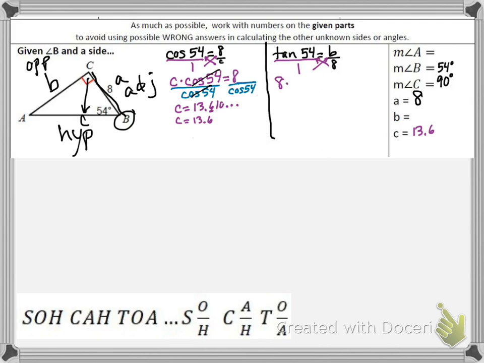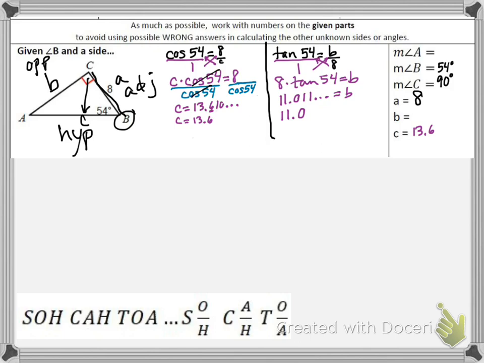This is 8 times tangent 54 equals B. This time, B's by itself. I don't have to do any division. I'm going to go straight ahead and put that into my calculator, and it tells me 11.011 equals my B. Rounded to the nearest tenth, I get 11.0.